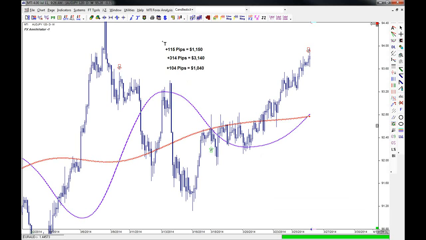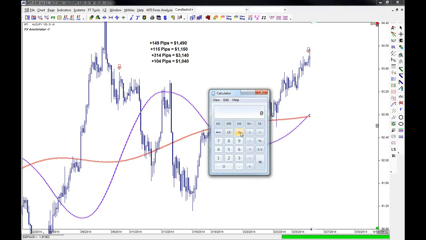How many of you find value in what I'm showing you right now? How many of you feel this is something you can do? How many of you feel this is something you'd like to use? How many of you understand that the other system I just showed you, plus the FX Annihilator alone, okay, let's add this up real quick and take a look at what profits we just generated. $1,490 plus $1,150 plus $3,140 plus $1,040 equals $6,820.